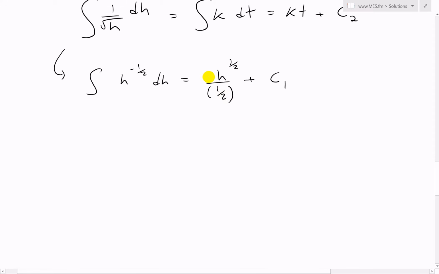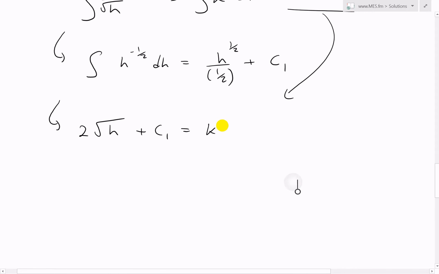The 1/2 can go up on top, so we end up getting 2 times h to the power of 1/2, the same thing as square root of h, plus c1 equals k times t plus c2.